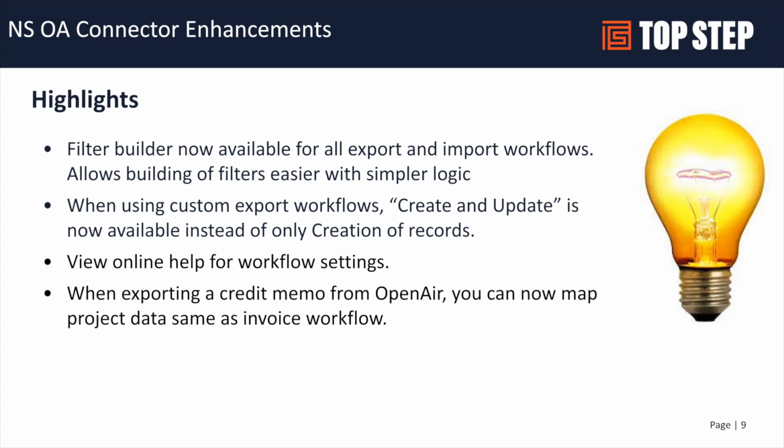But you did not have that same ability for credit memos. So credit memos were coming over without the project information that you may have mapped. Well, now you can. Now they've added the ability to map the project level data for the credit memo that you can already do for the invoicing menu. And that's a big help for being able to get consistent data in NetSuite from OpenAir.